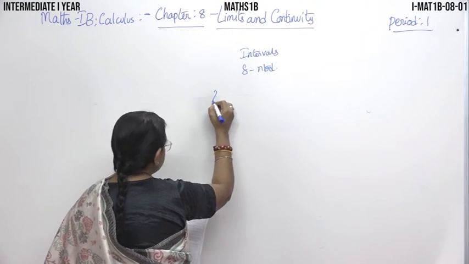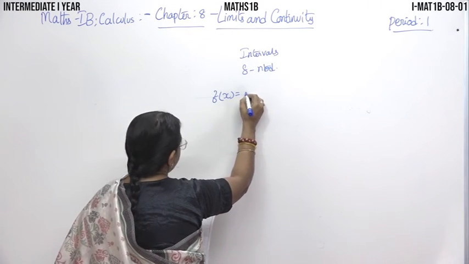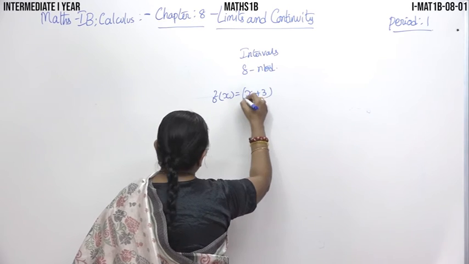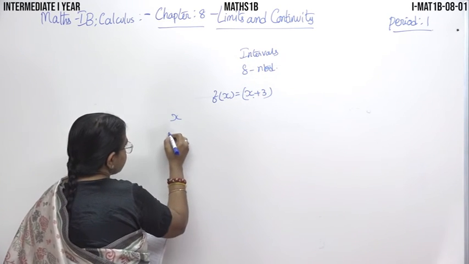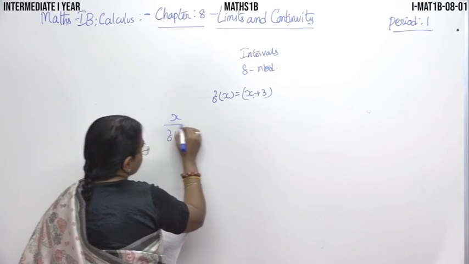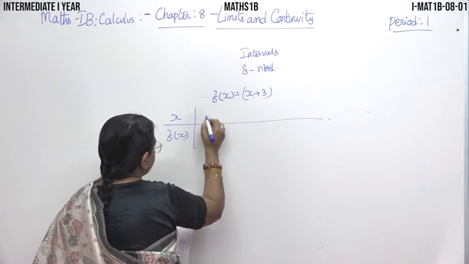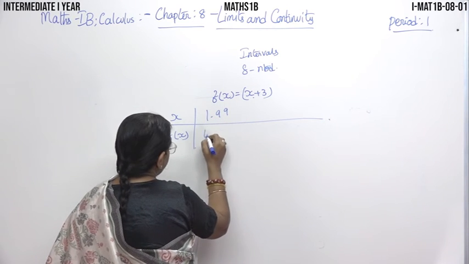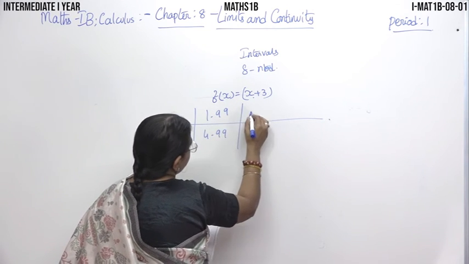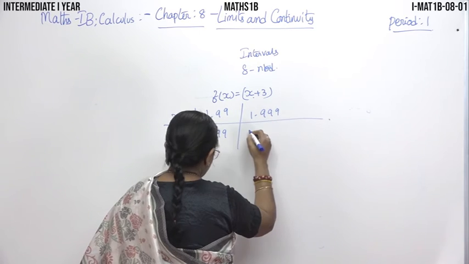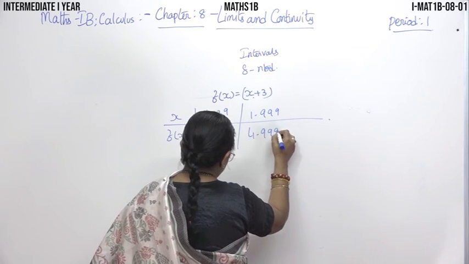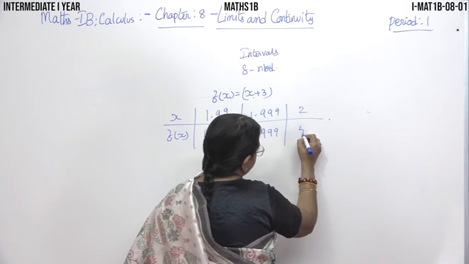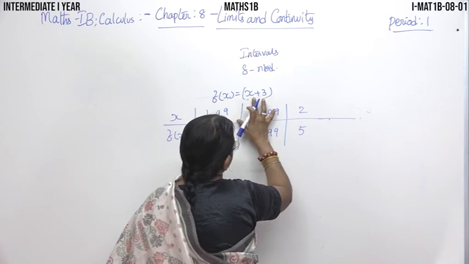First we'll consider that f of x is equal to x plus 3. Now we'll take x values and f of x values like this: 1.99 gives 4.99, 1.999 gives 4.999, and at 2 it is 5. When you put x as 2, it is 5.